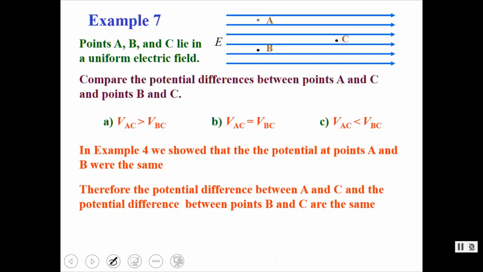But we only have to look at the direction, essentially, between these points. Because going from A to C and A to B go through the same difference in potential, you're going to end up with the same potential differences between those.